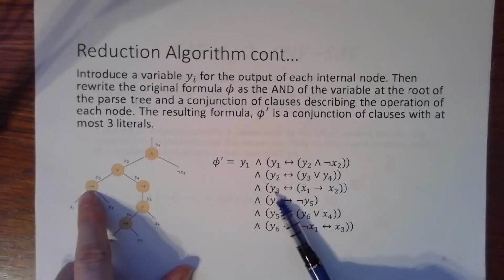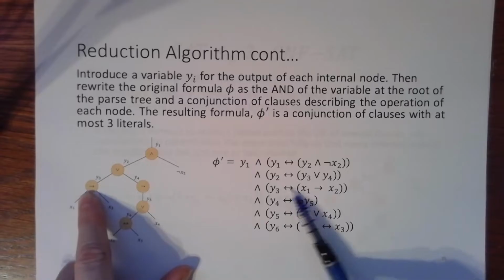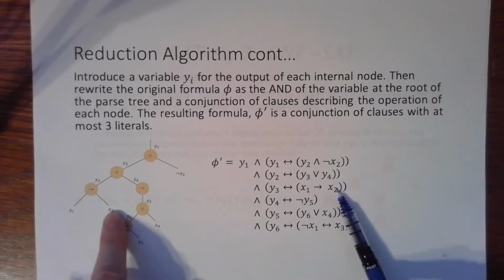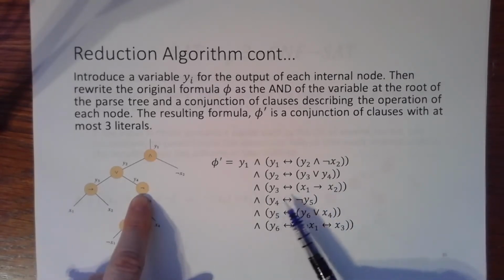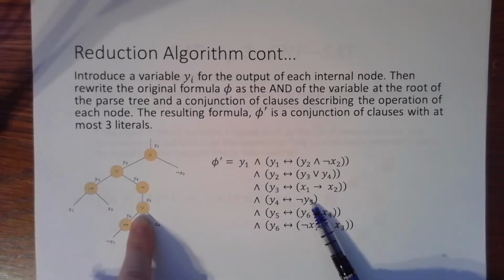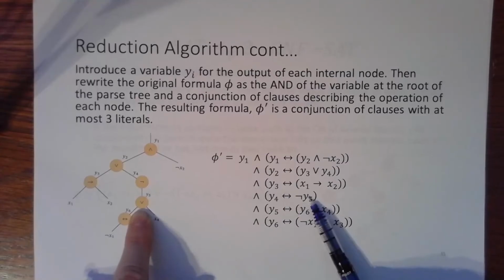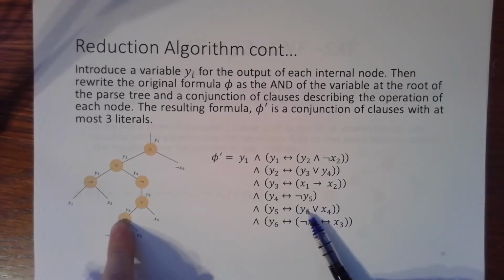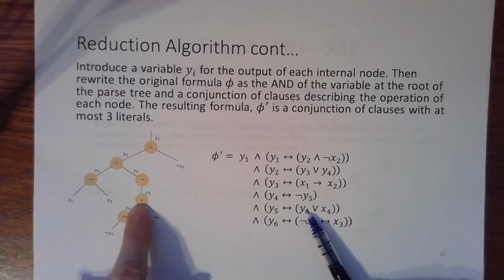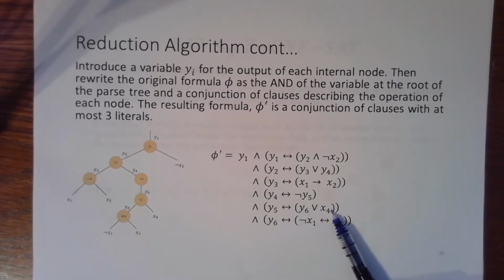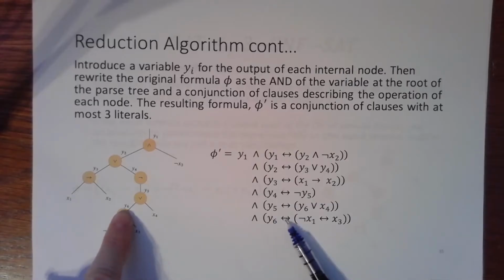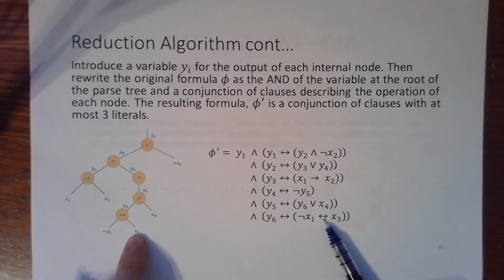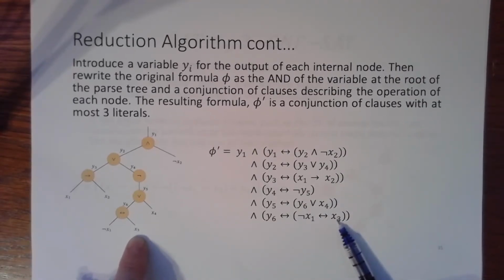If I go to y3, it's logically equivalent to the left side implies the right side. If I go to y4, that's logically equivalent to the negation of y5. If I go to y5, that's logically equivalent to the left side y6 ORed with the right side x4. y6 is logically equivalent to the negation of x1 biconditional with x3.